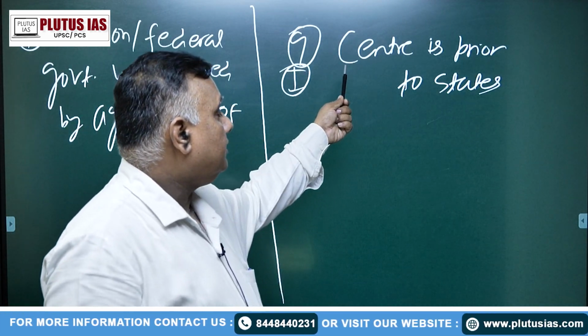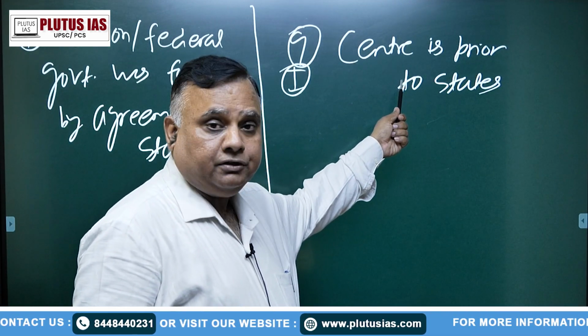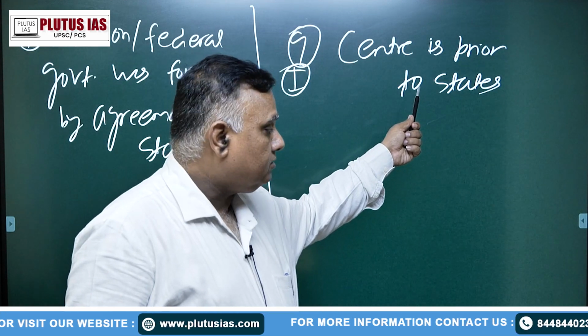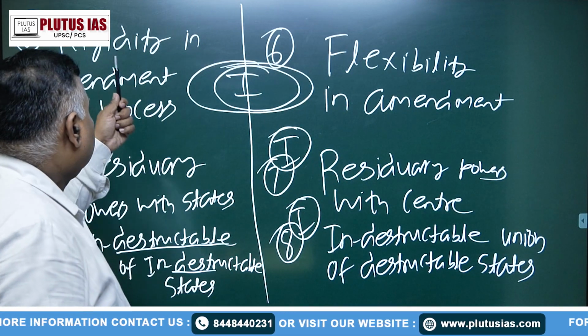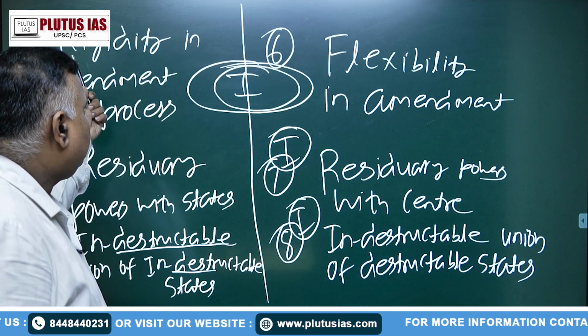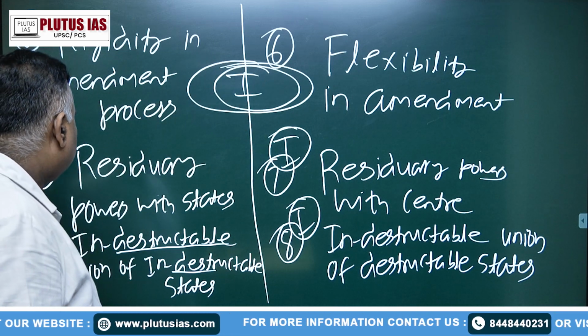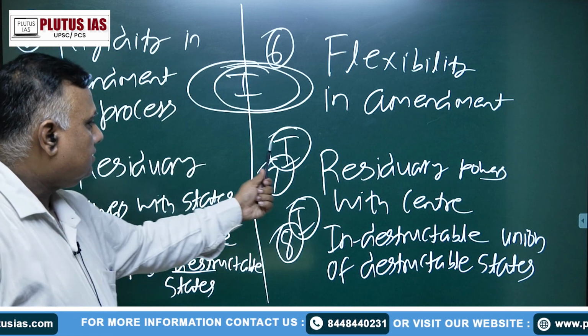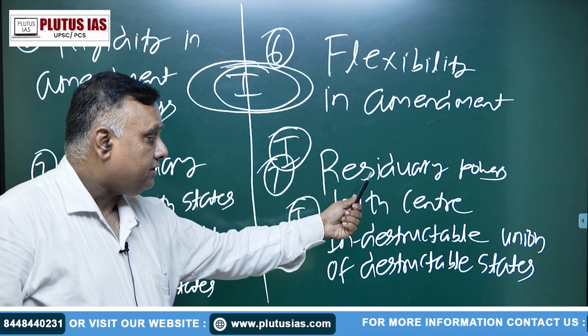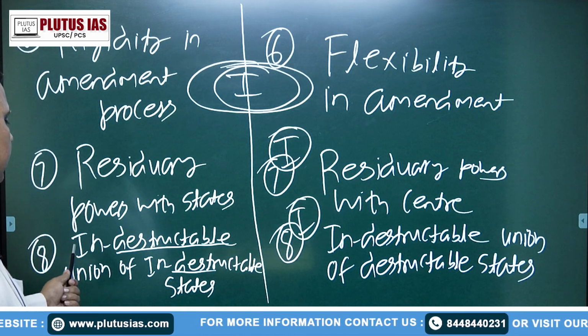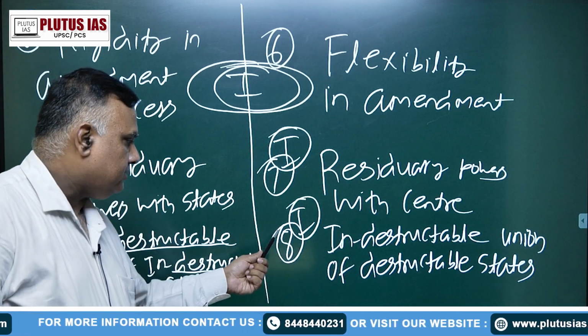In India, this is the unitary feature, that the center is not formed by agreement between the states. There is a blend of rigidity and flexibility in India. Residuary powers in India are with the center, Article 248, so it is unitary. Again, Indian states are destructible, so it is also unitary.